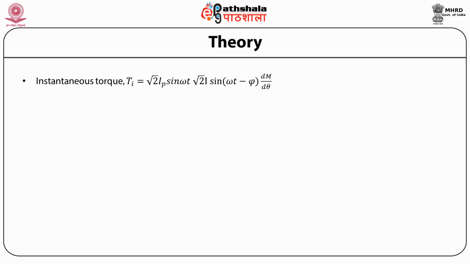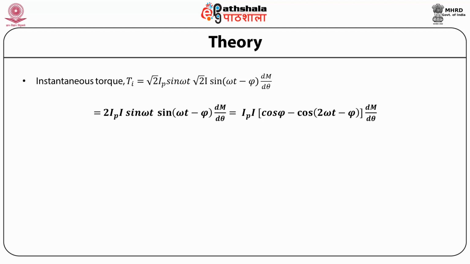√2 I sin(ωt − φ) dM/dθ, which in turn can be written as 2 Ip I sin ωt sin(ωt − φ) dM/dθ.